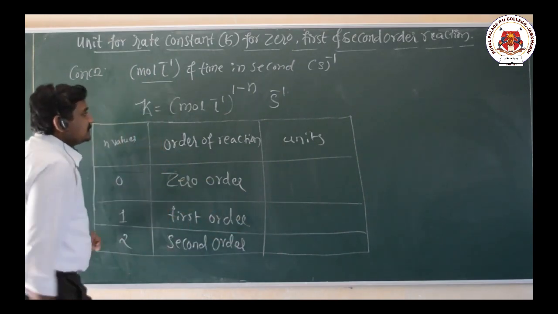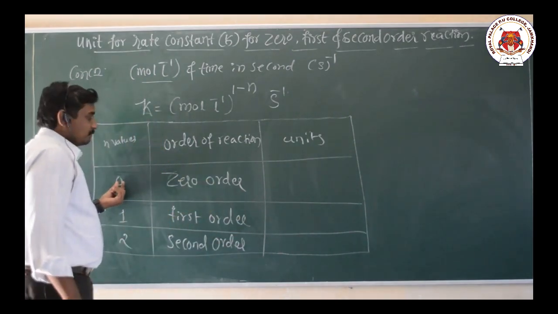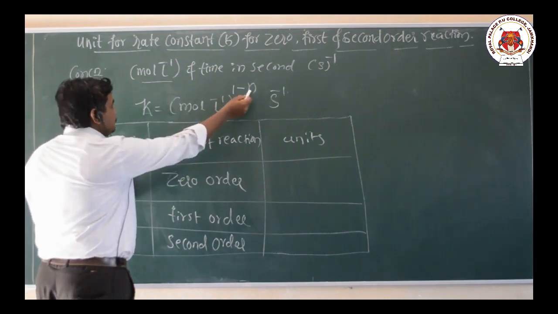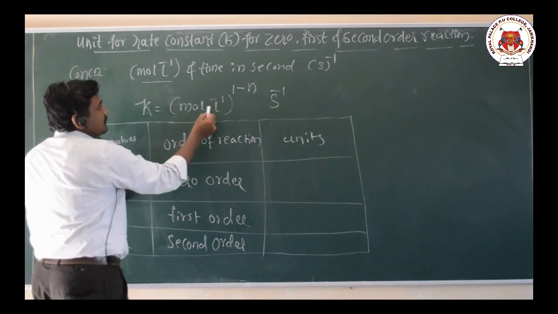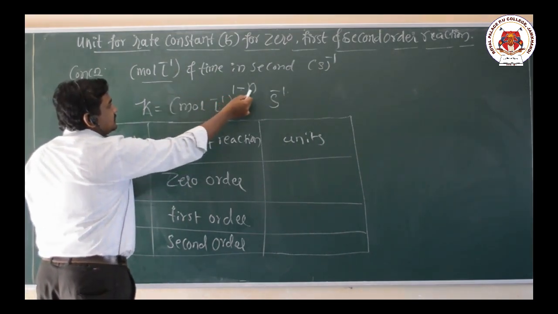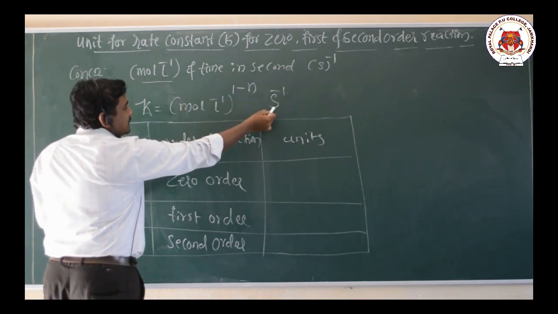Then the unit: for the zero order reaction, the n value is 0, so mole per liter to the power 1 minus 0, which is 1, then per second as it is.